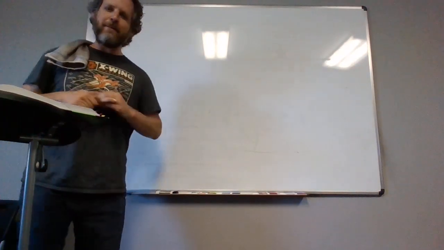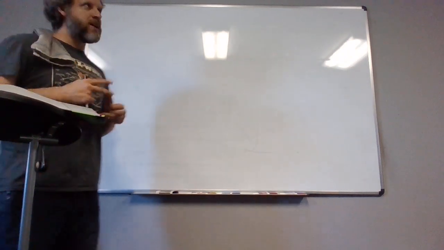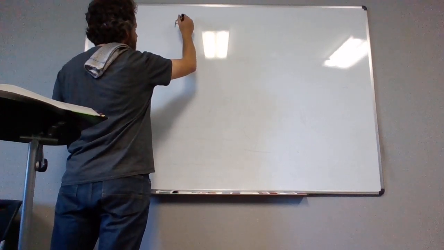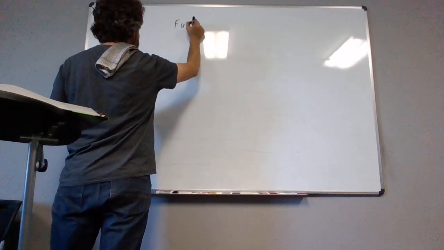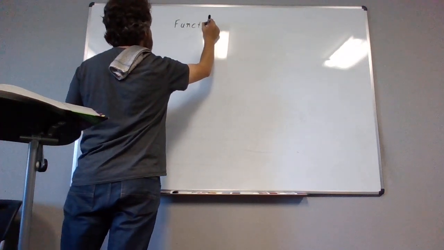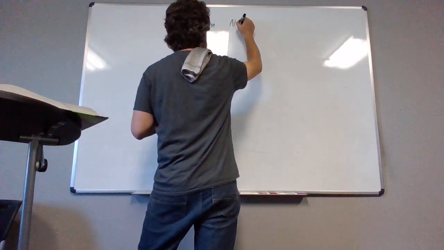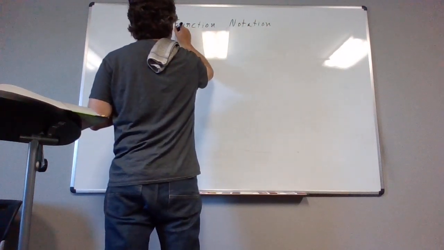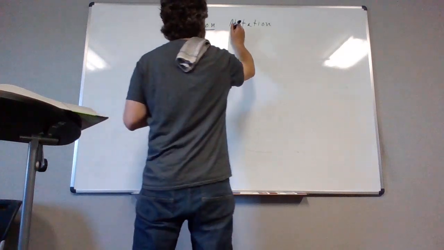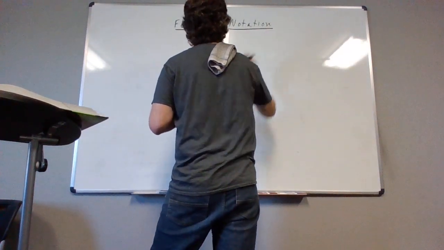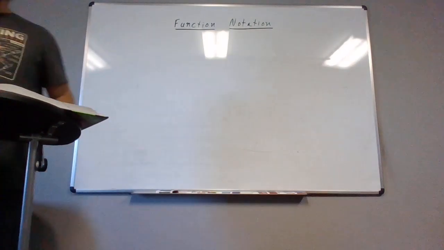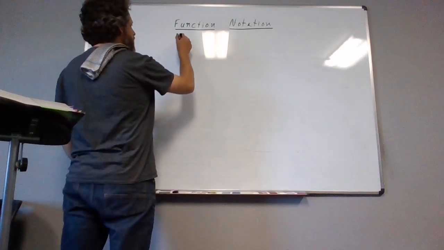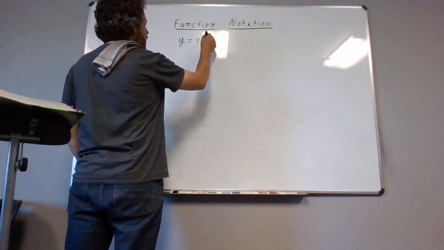Okay, so a subtopic of this lesson that is a little bit more tricky to understand is function notation. It's not actually that hard, but there's a couple of big pitfalls. We have seen, and we've even done stuff with things like y equals 2x plus 1.